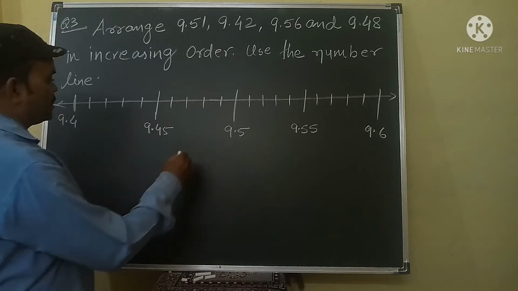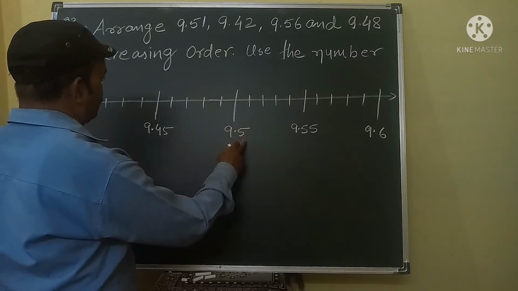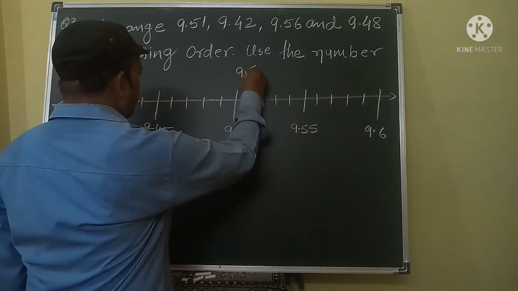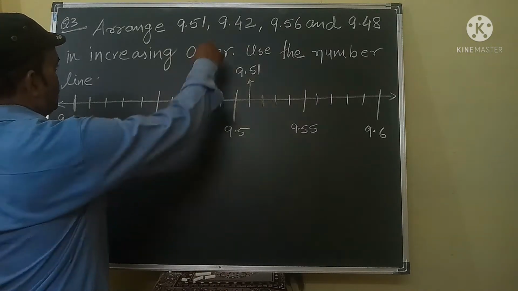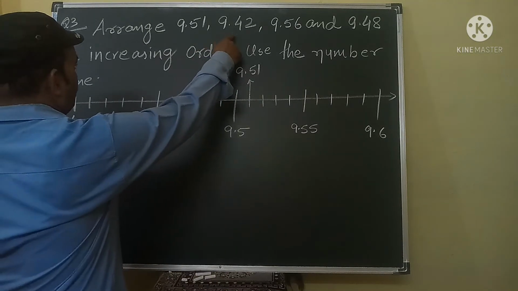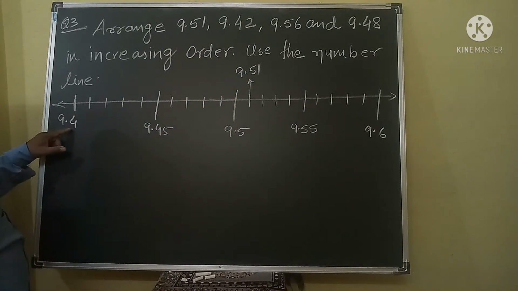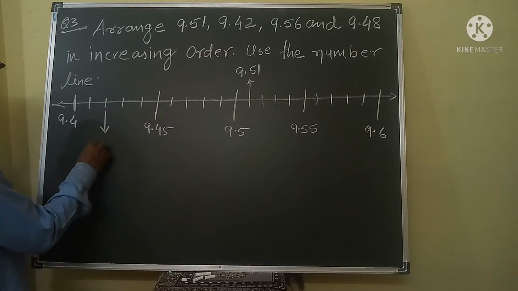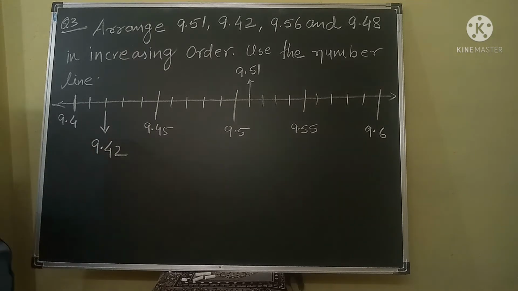My dear student, this is 9.5. After 9.5, this is 9.51. Okay. The second decimal number is 9.42. This is 9.4, this is 9.41, and the second symbol is 9.42.